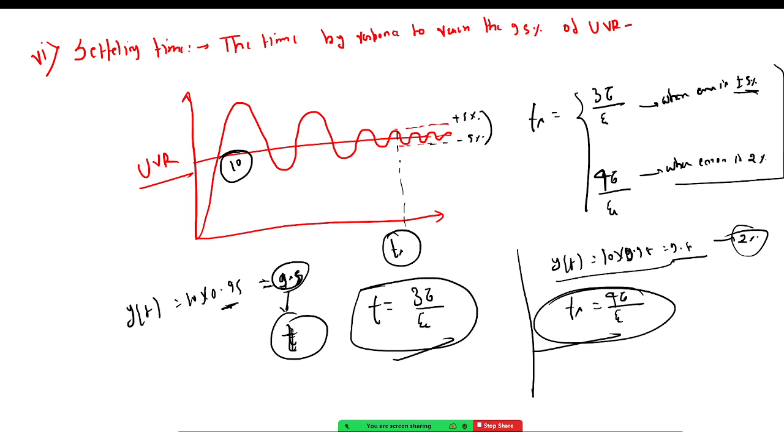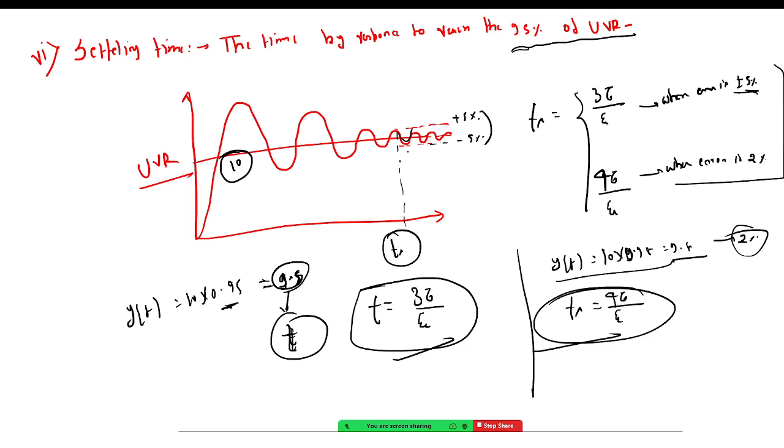Sir, how have you multiplied 10 by 0.95? Y of t is coming 10 into 0.95. Since I am talking about 95%, when it reaches 95% of its ultimate value, you see there is a fluctuation.